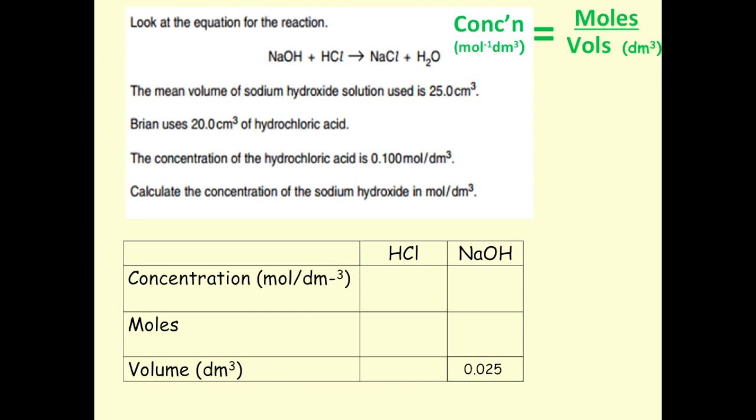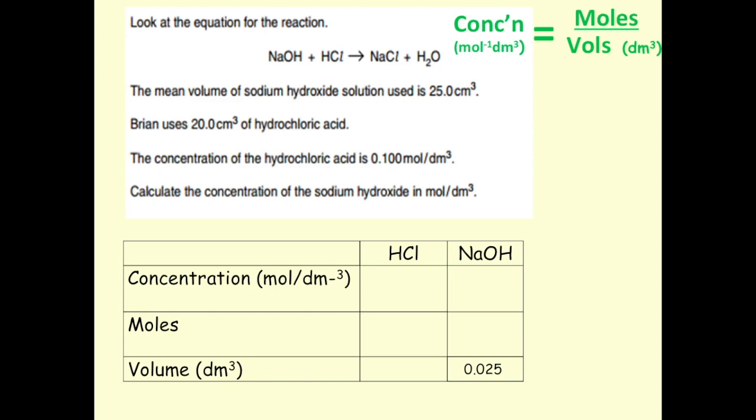Now you're going to say, well, why have I put 0.025? That's because the conversion from centimeters cubed to decimeters cubed is always to divide it by 1,000. So I've divided that by 1,000. Now some of you might be wondering, why are we even bothering with decimeters cubed when most of our liquid reactions are in centimeters cubed? The reason is that a decimeter cubed is a litre, and a lot of experiments would have been carried out with a litre of gas, not smaller quantities in terms of the volume.